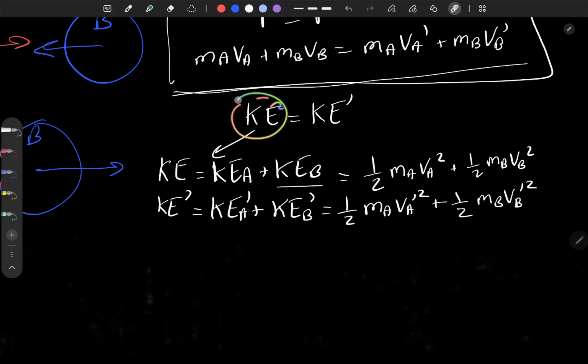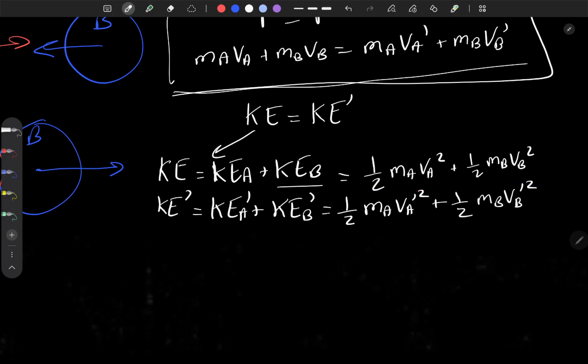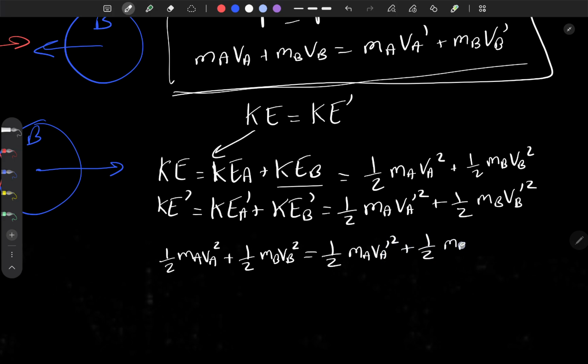And given that these are equal, half M_A V_A squared plus half M_B V_B squared is equal to half M_A V_A prime squared plus half M_B V_B prime squared.